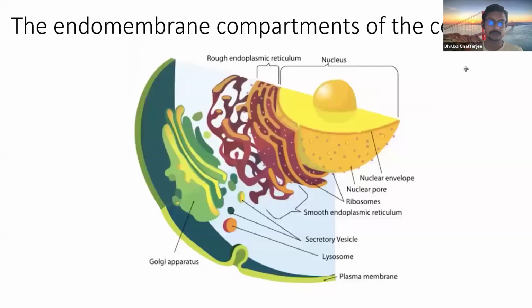In the earlier classes, we have been discussing the different components of the endomembrane system of the cell. The eukaryotic cell, especially, is a highly compartmentalized system which has several membrane-bounded compartments playing an important role in the compartmentalization of cellular biochemistry.